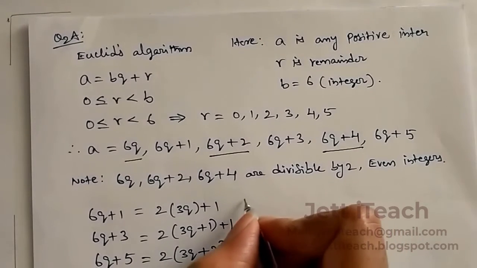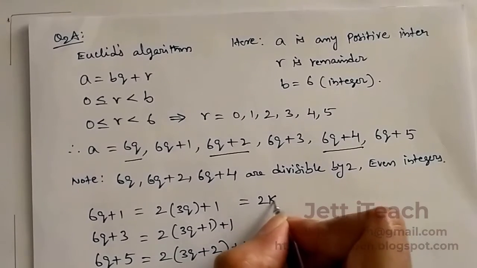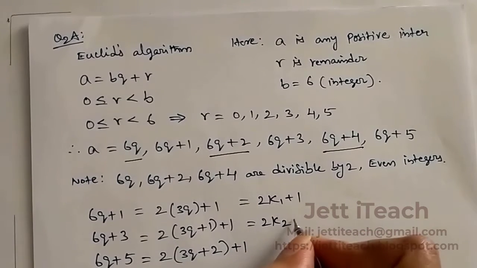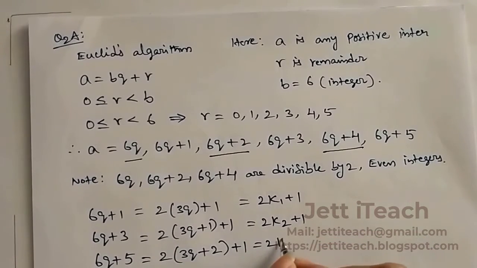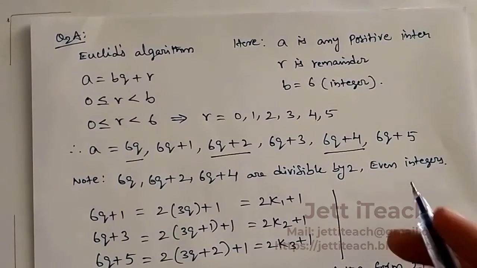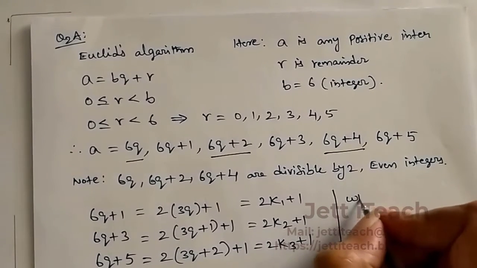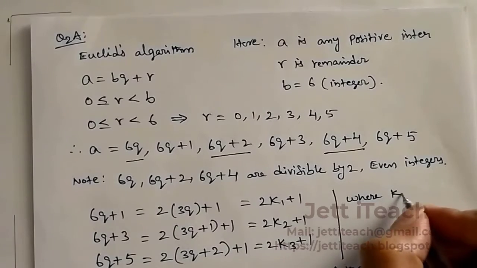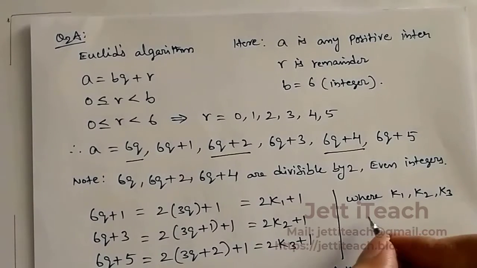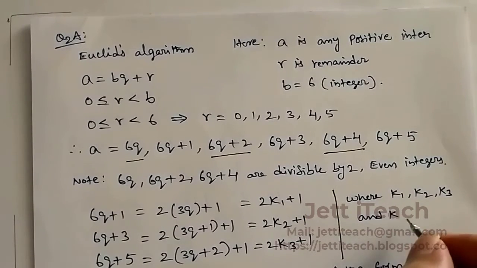Okay, now 2k1 plus 1, 2k2 plus 1, 2k3 plus 1, where k1, k2, k3 and k are some integers.